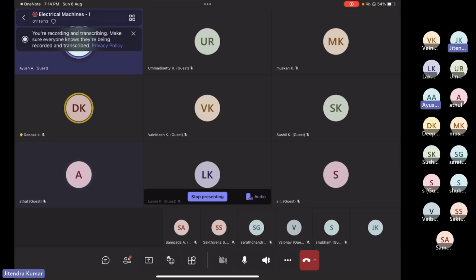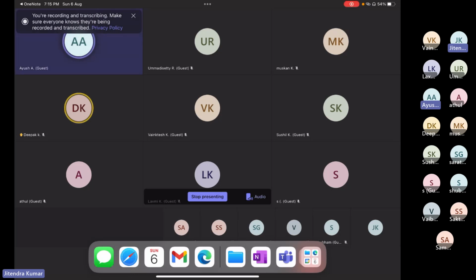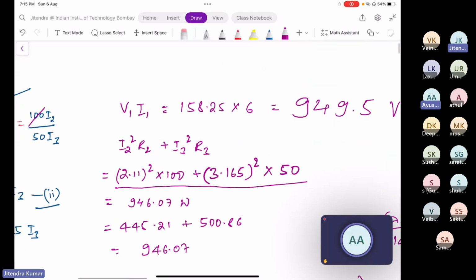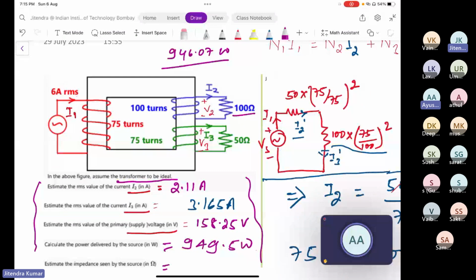Sir, I want to say a good thing. The voltage transferred from the secondary winding to the primary winding, and the voltage due to transformation of the tertiary winding to the primary winding, both are equal.